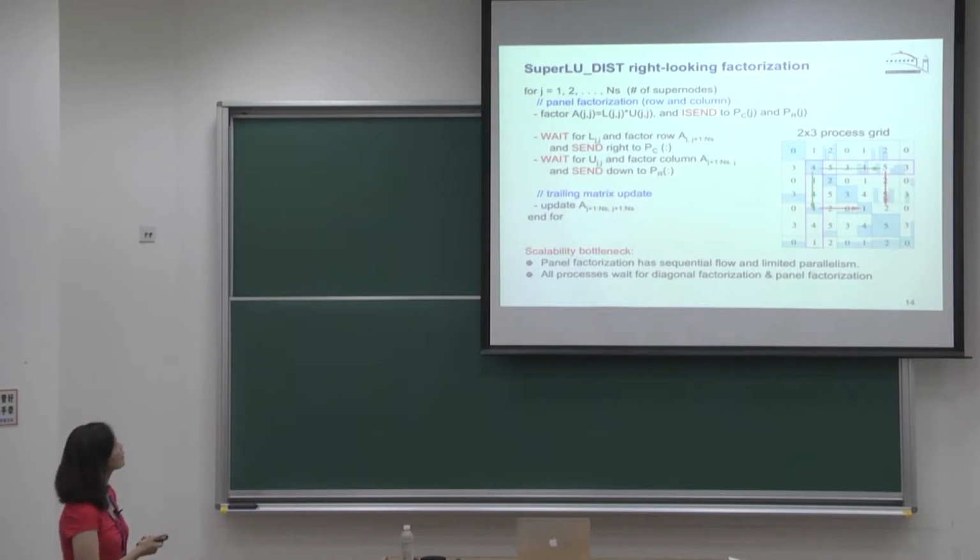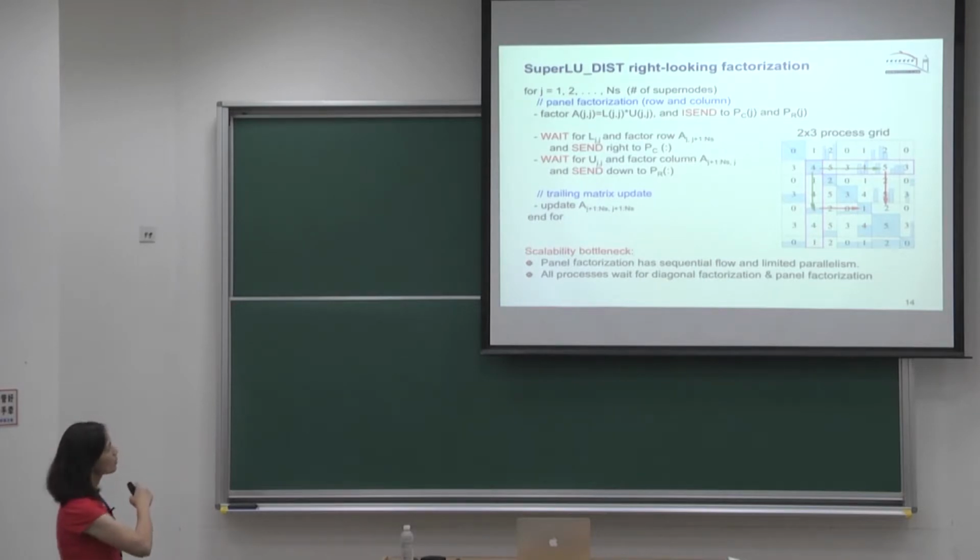Then you can imagine for these algorithms to scale up, the bottleneck is really the panel factorization. At each step, the first step you have to finish this, finish that, and send for the rest to do the update. And the second step, you need to finish this, finish that, and the rest has to update.